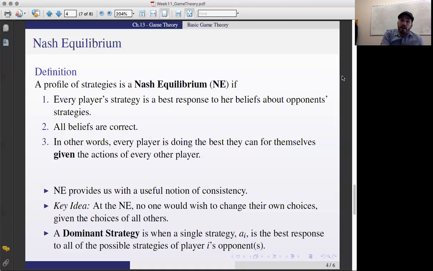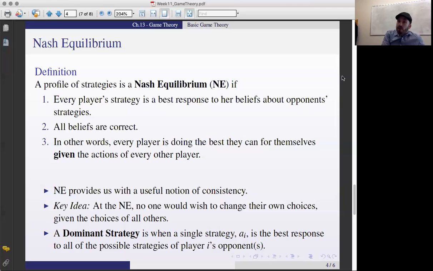Finally, another useful definition is a dominant strategy. If for a player, we can identify a single strategy that is the best response to all of the possible choices of their opponents, then that is what we would call a dominant strategy, because it is always their best response, no matter what other players are doing.